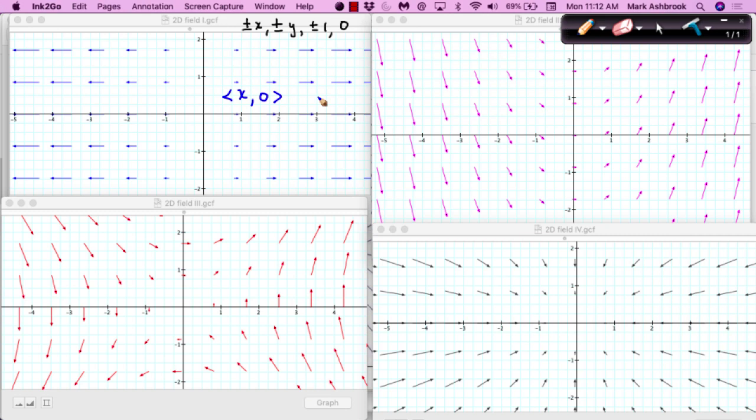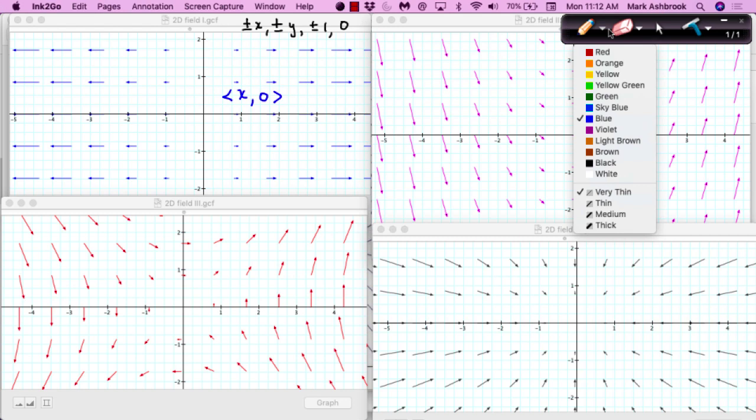Right, good. And then I saw that they were all flat and there's no y component to any of them. So y had to be zero. Yes, good. The x magnitude of the vector is always whatever your x coordinate is: positive getting more positive going right, negative getting more negative going left, and then no y component, so x, 0.